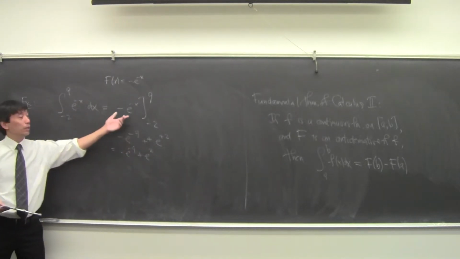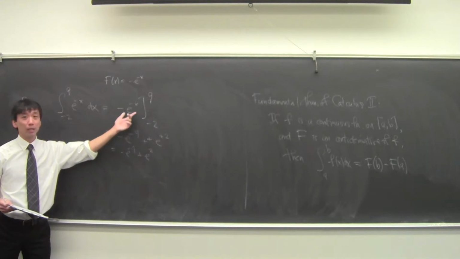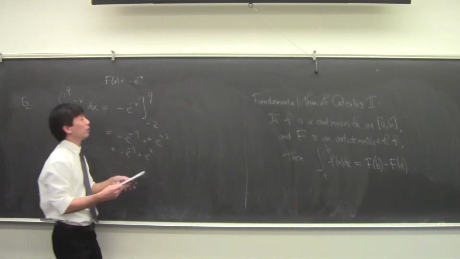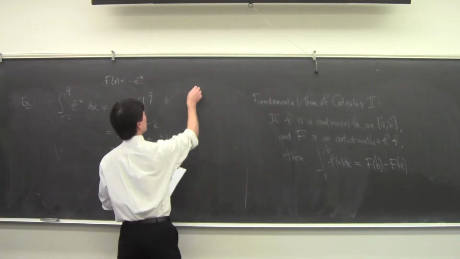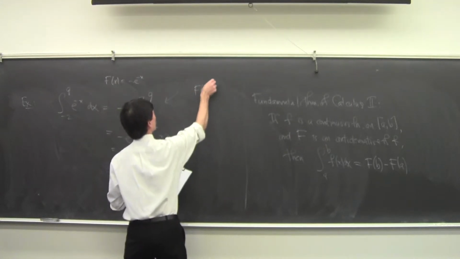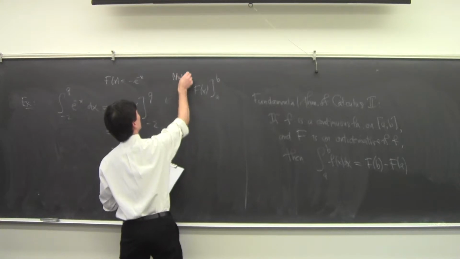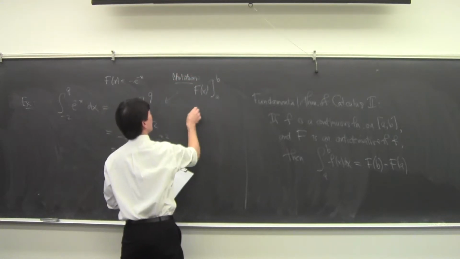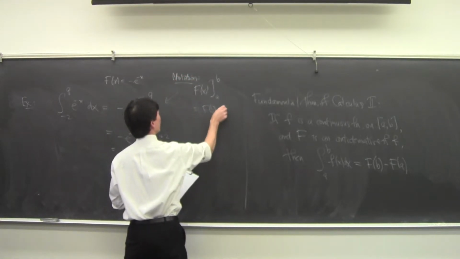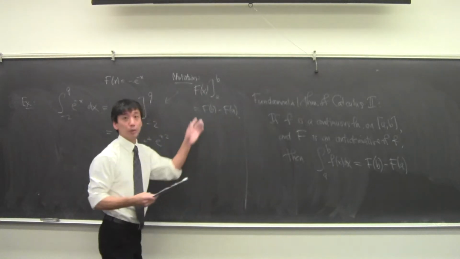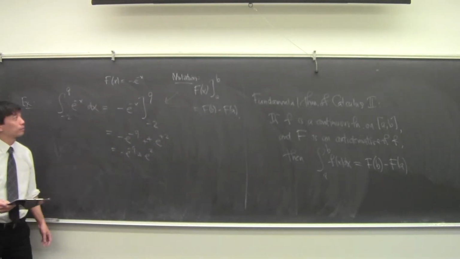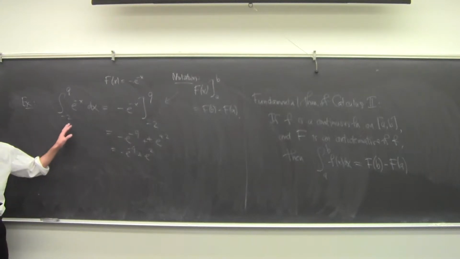In case you haven't seen this notation before, if you see a function between a and b, what that means is F of b minus F of a. That's just a shorthand for it. Everybody get that? Okay.